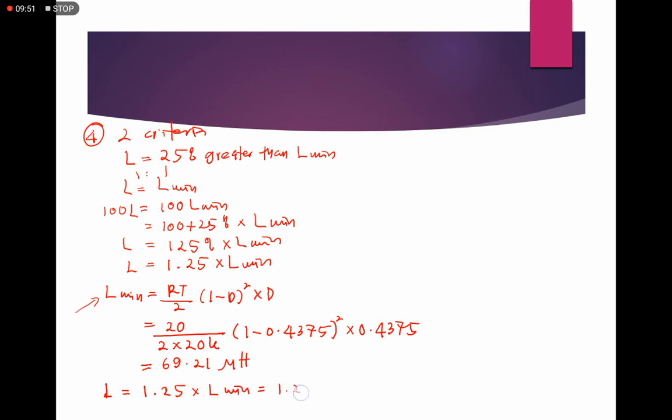So 1.25 multiplied by 69.21 micro, you will get 86.52 microhenry. Use this L and substitute in order to find the value of your minimum and maximum inductor current.